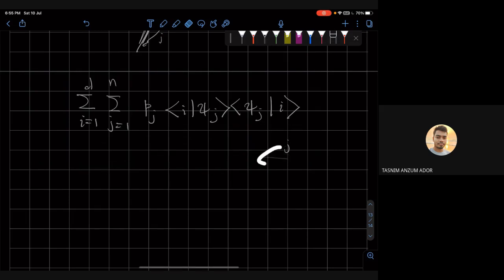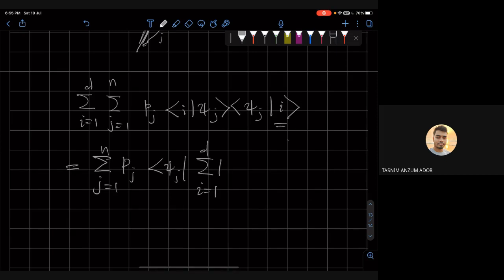I'm going to rewrite this as the sum over j from 1 to N of P_j, and then I have psi_j, and then I'm summing over i from 1 to d, but psi_j came with i, so there's i here and i here, and I'm going to put this in a bracket, and outside it's psi_j.